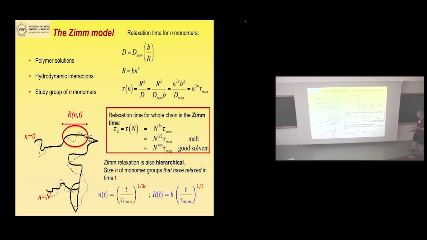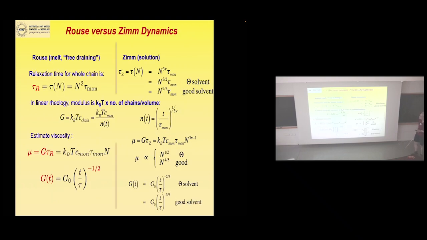Similarly, we'll do the modulus in just a second. Okay. So if we just compare those two, here's the relaxation time for the Rouse chain, which scales as n squared. And here's the Zimm time, which scales with an exponent depending on our conditions. The number of unrelaxed chains, or relaxed chains in the Zimm case goes as this 1/t to the 3 nu.